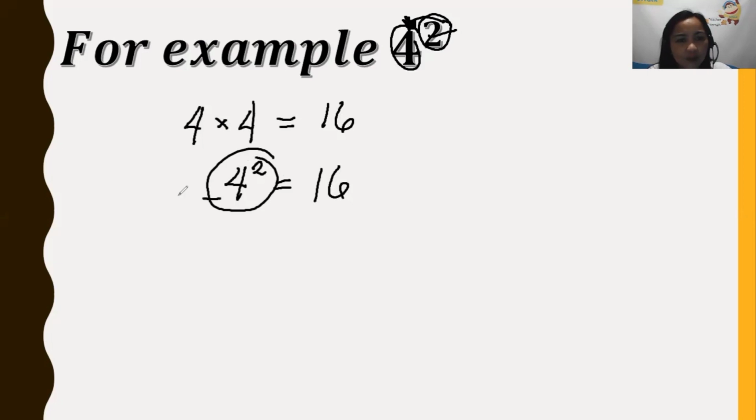Sabi, si exponent, it tells you how many times you multiply the base by itself. And the exponent is 2, kaya dalawang beses lang natin i-multiply si 4. So what is 4 times 4? That is 16. Therefore, 4 squared is equal to 16.